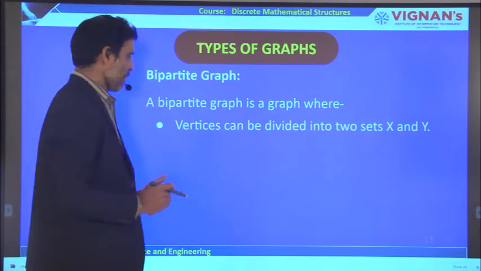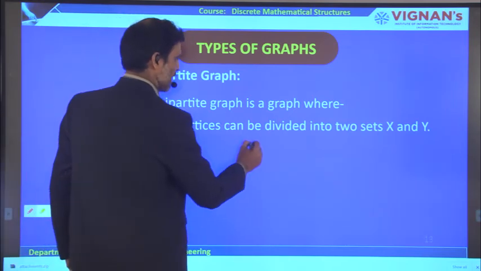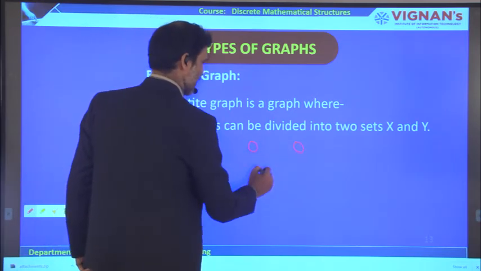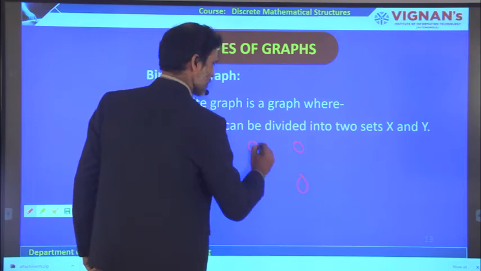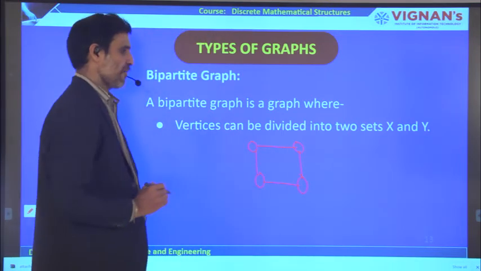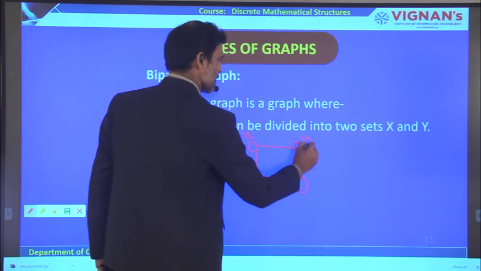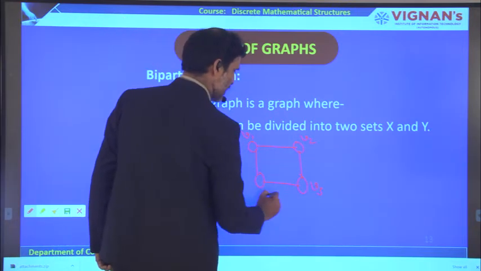Suppose whenever a graph is given like this, for example, you have a graph like this. This is a graph, suppose. Now how many vertices are given here? 4 vertices are given: V1, V2, V3 and V4.